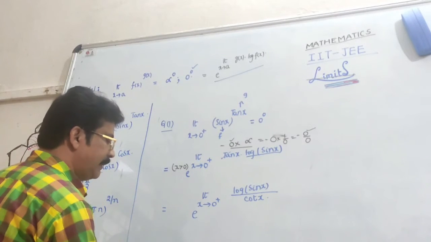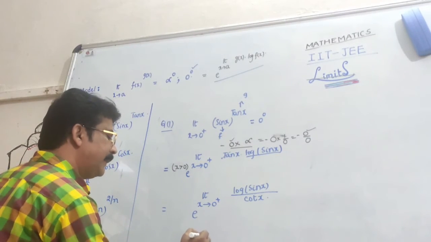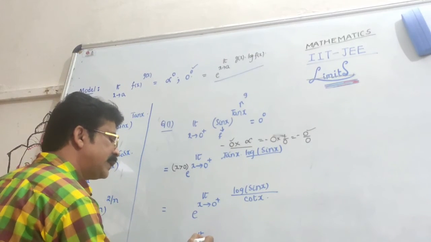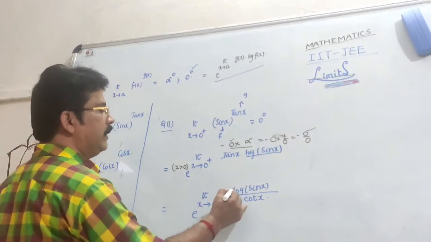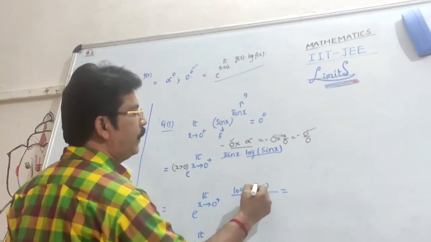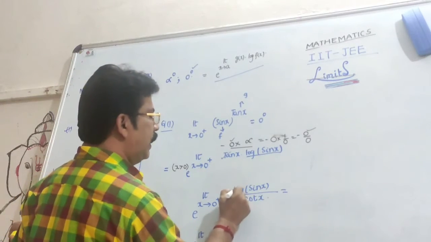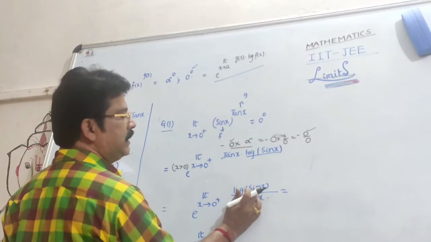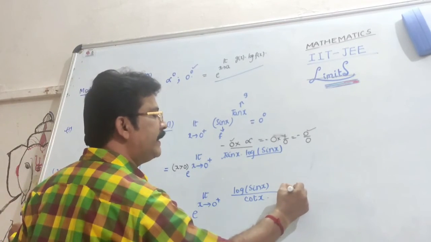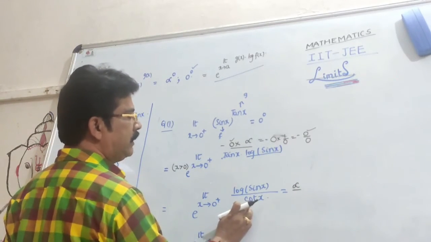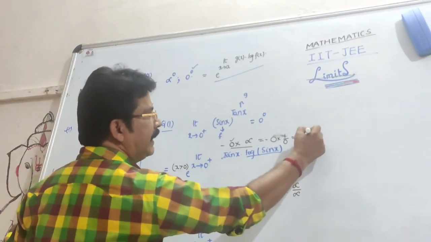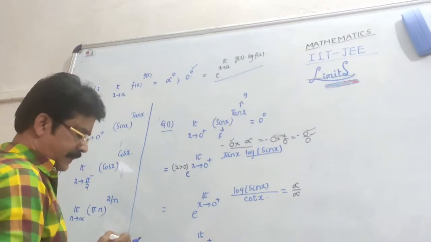So that is equal to e power limit x tends to 0 plus. Okay, now it is clearly by substituting x equal to 0, sin 0, so logarithm of 0, it is infinity, divided by cot 0, infinity, it is infinity by infinity, or we can obtain 0 by 0, just like that.